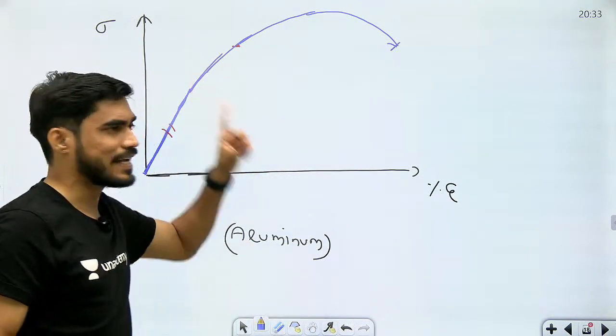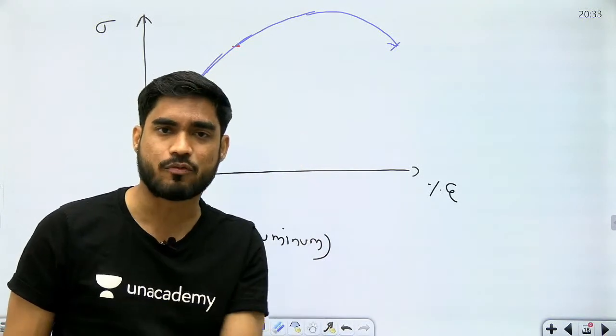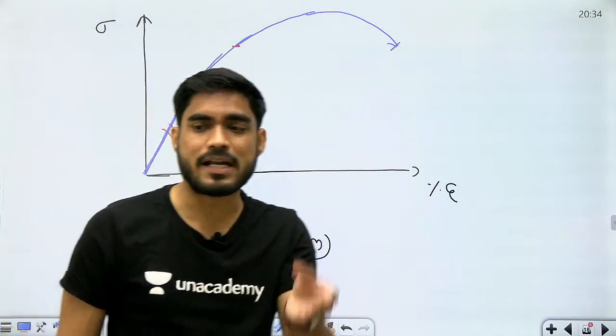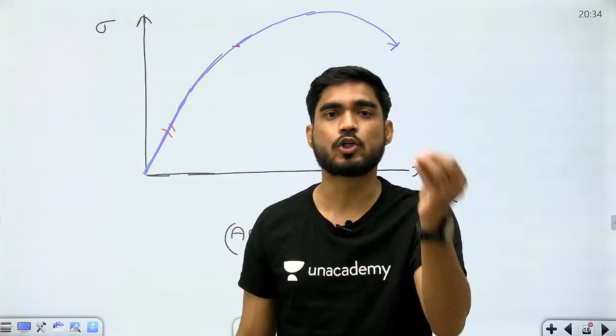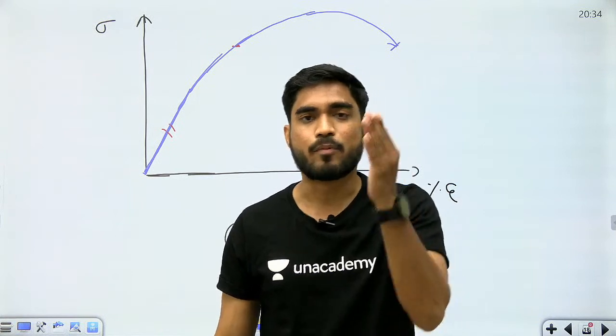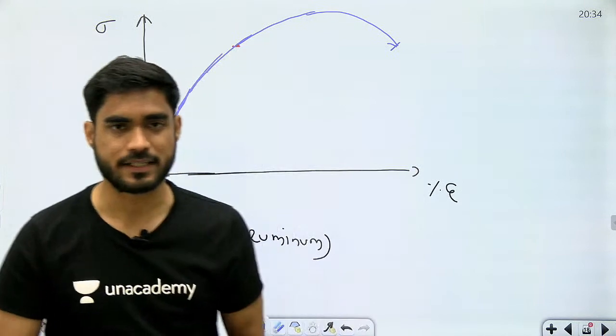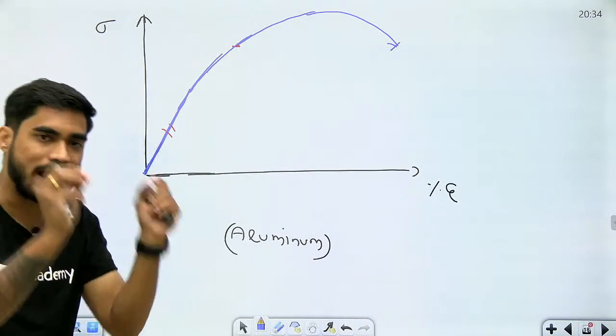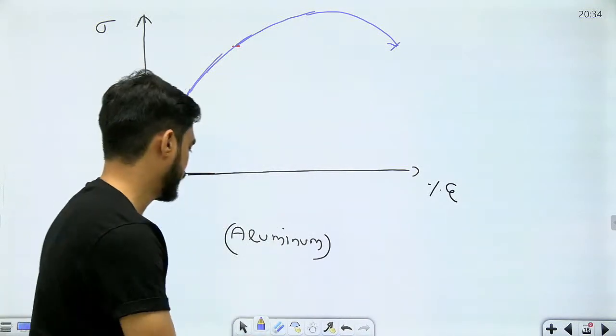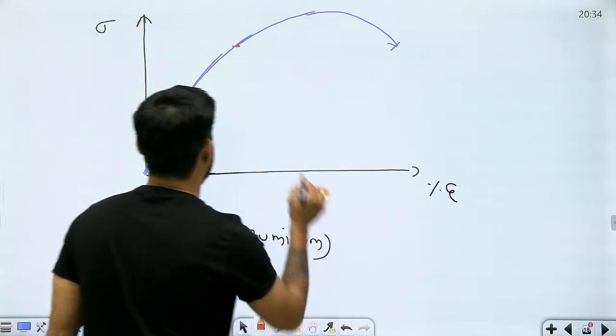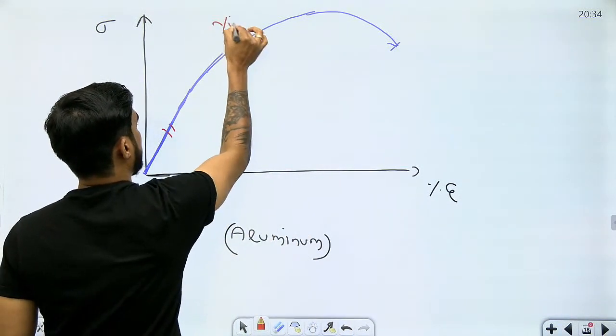The yield point is considered as the point at which there is a permanent deformation of 0.2%. Now how am I going to find that point? Understand. So let's say this is the yield point.